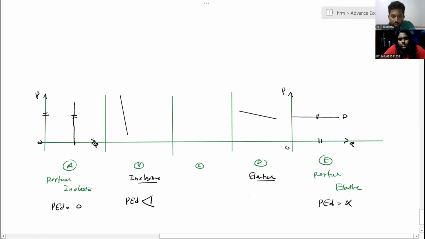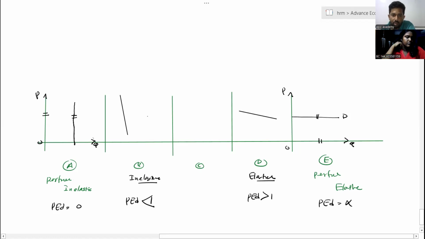But in the elastic situation, PED is greater than 1. So you can identify that the opposite of perfect inelastic is perfect elastic. The opposite of the inelastic situation is the elastic situation. This is greater than 1, this is less than 1.